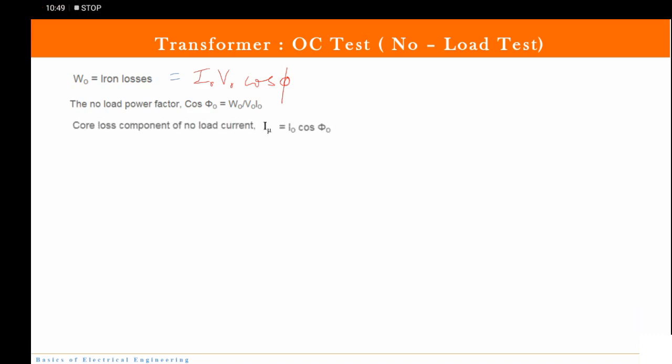So the core loss component and other values are shown here. Now the reactance will be voltage upon current. Similarly, the resistance will be the voltage upon current. Correct? Yes.